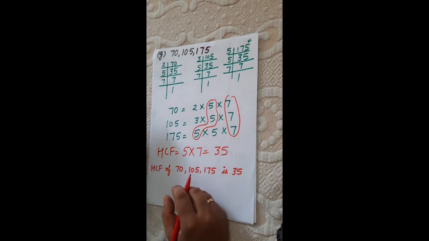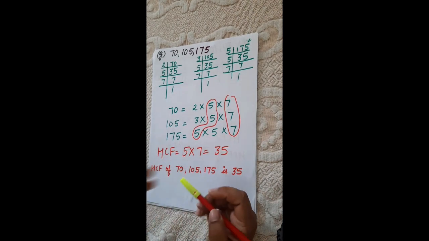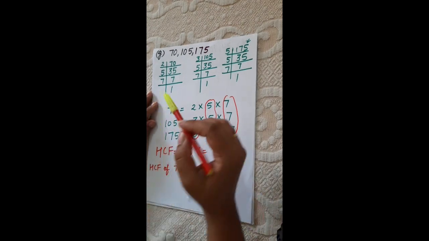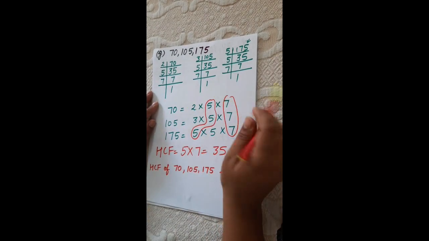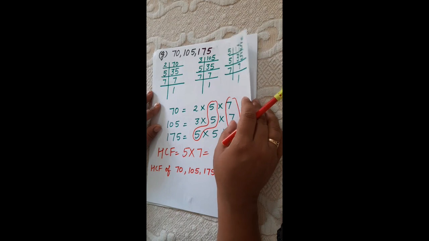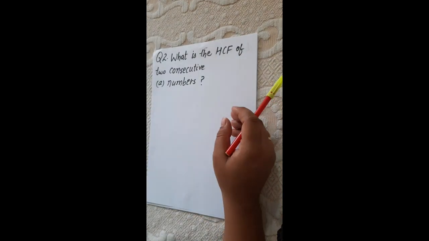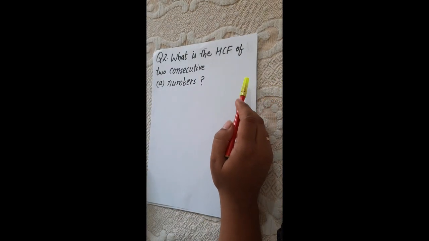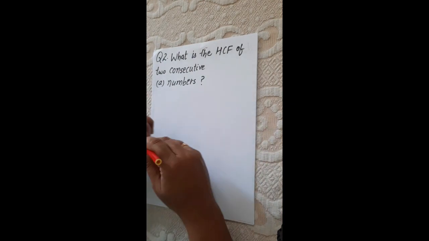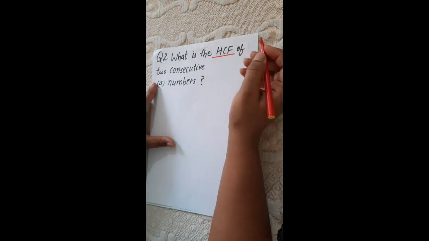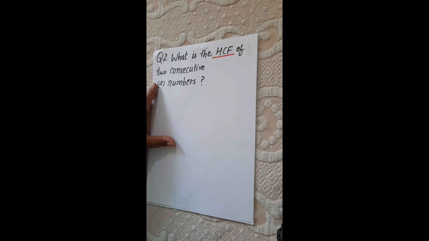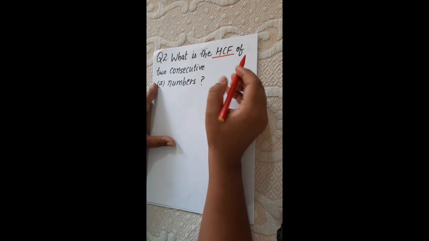Similarly, you can solve the highest common factor of 2 or more numbers by the same criteria, by prime factorization. So this is question number 1. Now next we have question number 2. Question number 2 is, what is the HCF of 2 consecutive numbers? We will find the HCF by the prime factorization method.